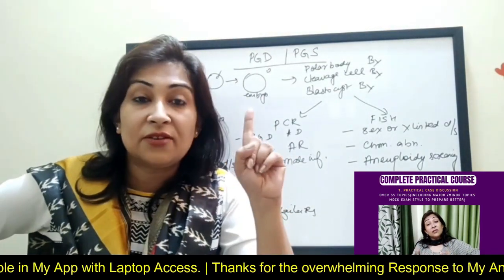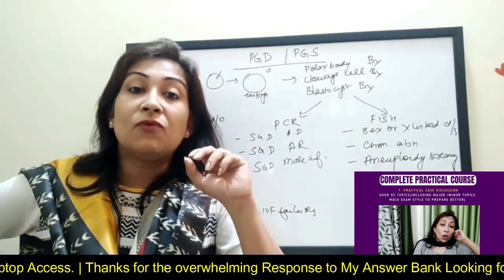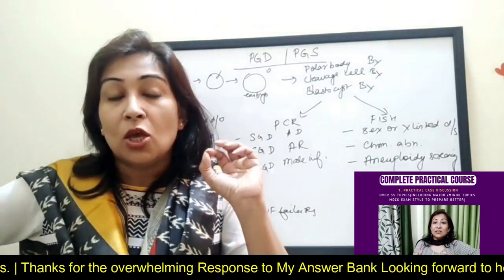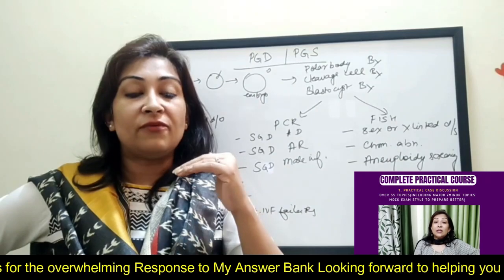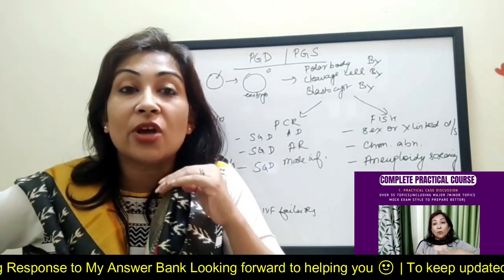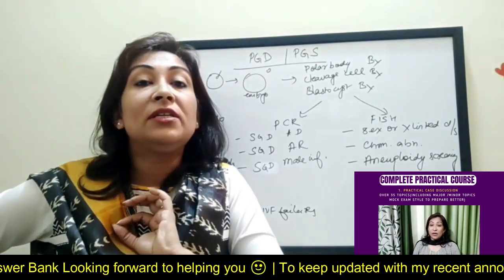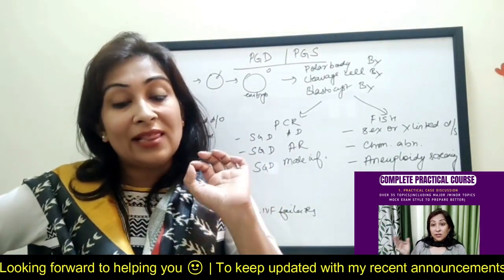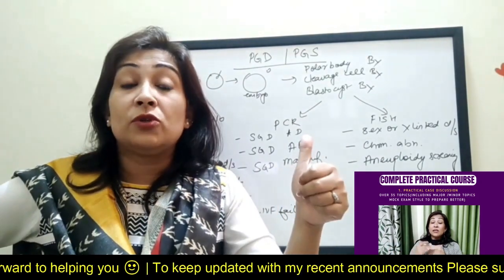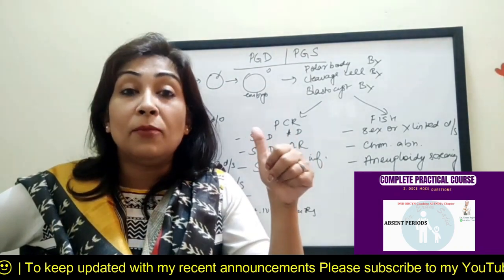All right, I've not specified diagnosis or screening. So, like I said, why do you need it is the basis. You want to be sure that whichever fetus you are carrying is healthy. You don't want to take any chance. And who are those substrata of patients who will say something like that? Then I don't want to take any chance. I want a healthy offspring. First of all, those couples who have a fear of an abnormal child.